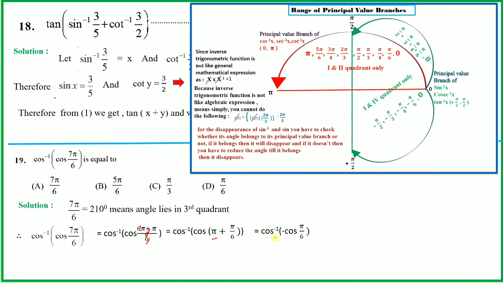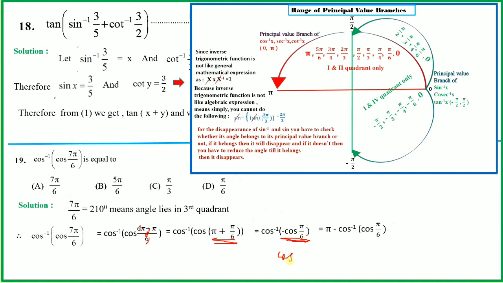Then it is equal to cos inverse of cos of pi plus theta. Pi plus theta means third quadrant, and in the third quadrant cos is negative. So cos of pi plus theta is equal to minus cos theta. Then this is equal to cos inverse of minus cos theta.